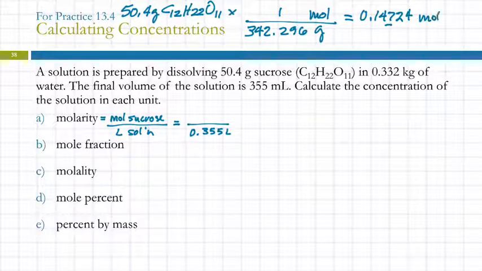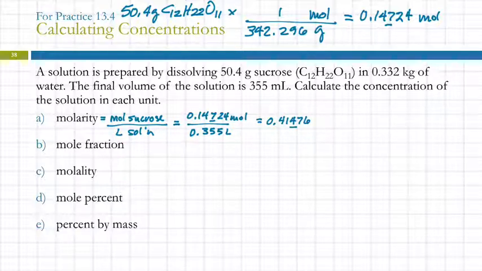And that's moles, right? Moles of sucrose. So I'm going to put that in the numerator here. 0.14724 moles. 0.14724 divided by 0.355. 0.41476. 3 sig figs.